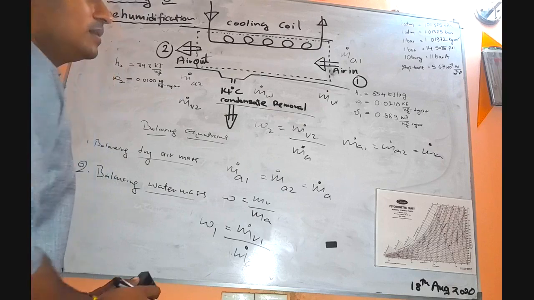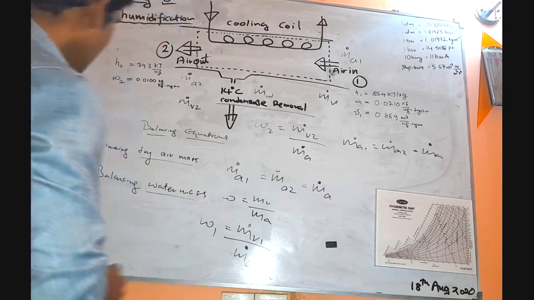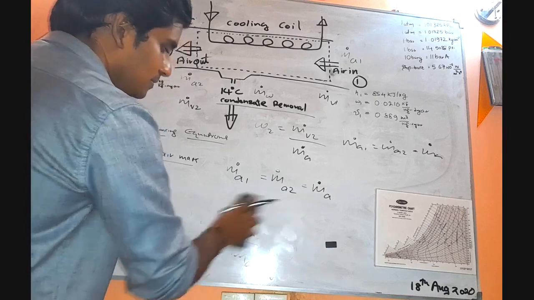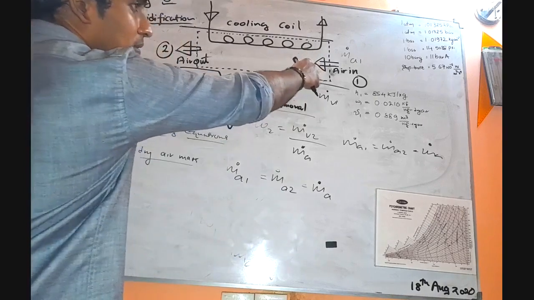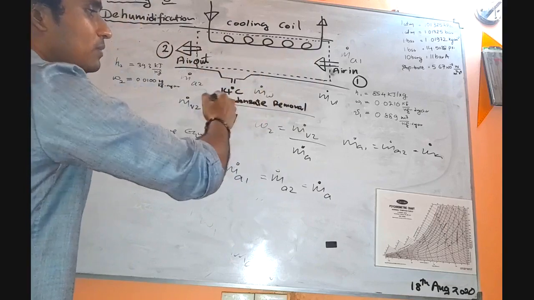Now we can write the ultimate balanced equation for the water mass. Here we get the input and this is the output, and in between we have an intermediate process where we have condensate removal.